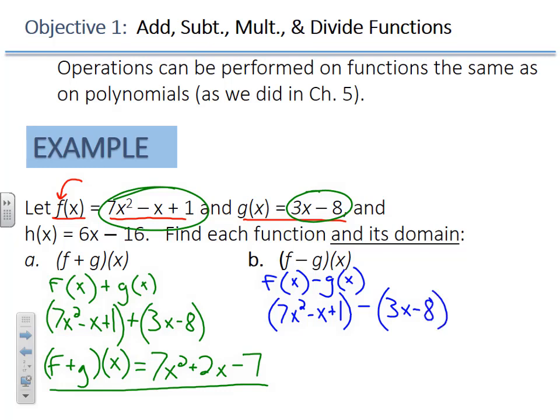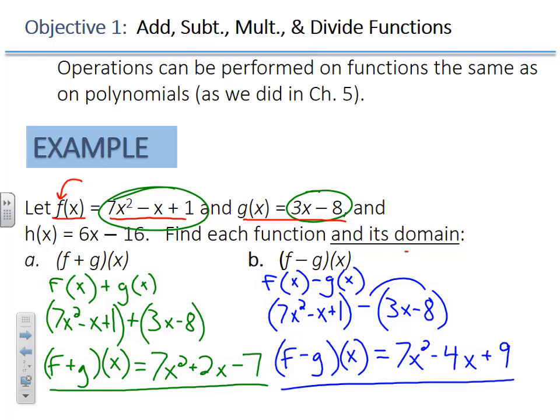Now be sure to distribute that negative sign when we combine like terms here. But f minus g of x will be equal to 7x squared. Here we have negative x minus 3x, minus 4x, and plus 1, that'll become a positive 8, plus 9.